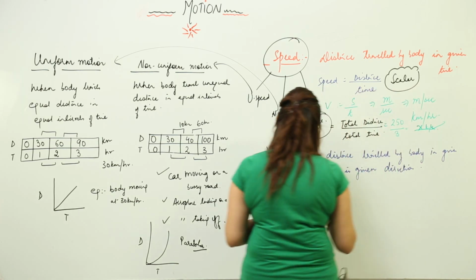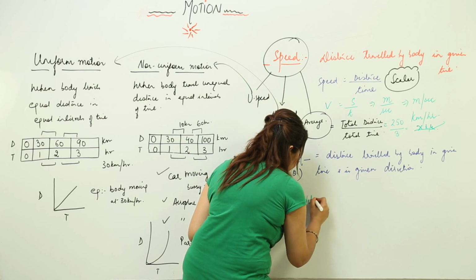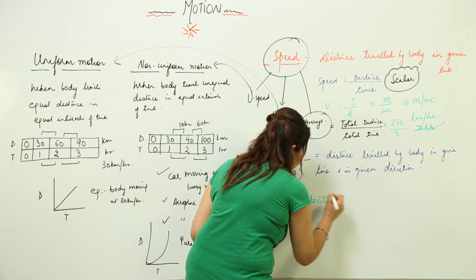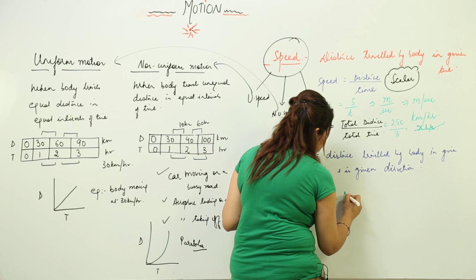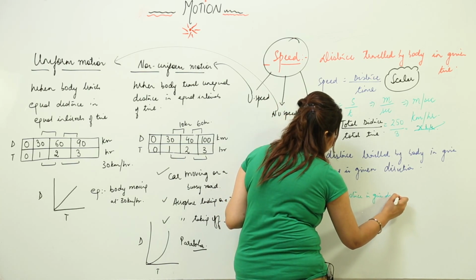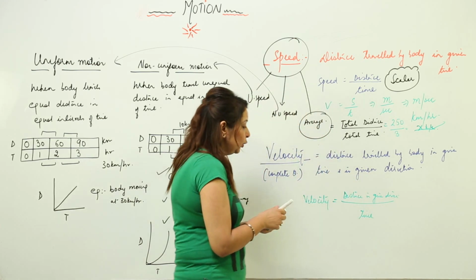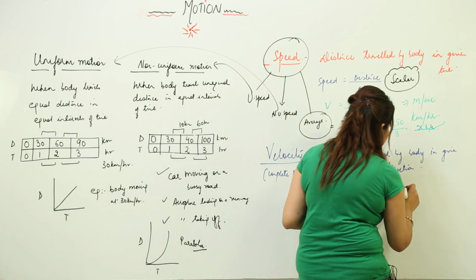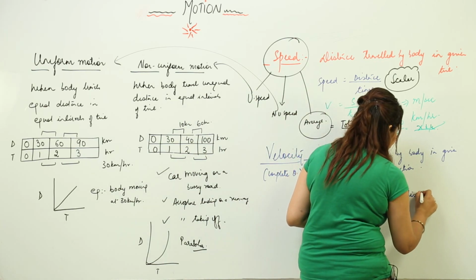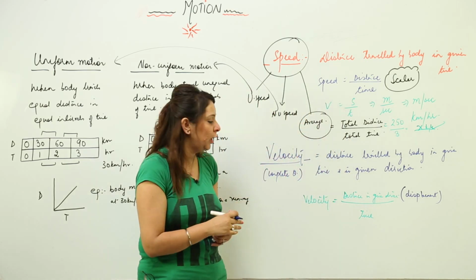If you write a formula for it, velocity equals distance in given direction with respect to time. And you know that distance in a given direction is also given a special name, that is displacement. So we can also write velocity is displacement upon time.